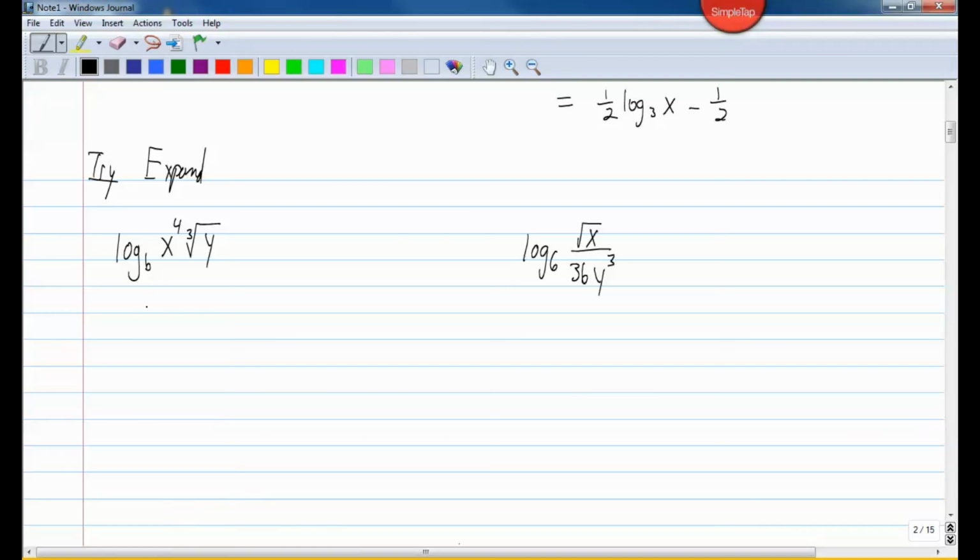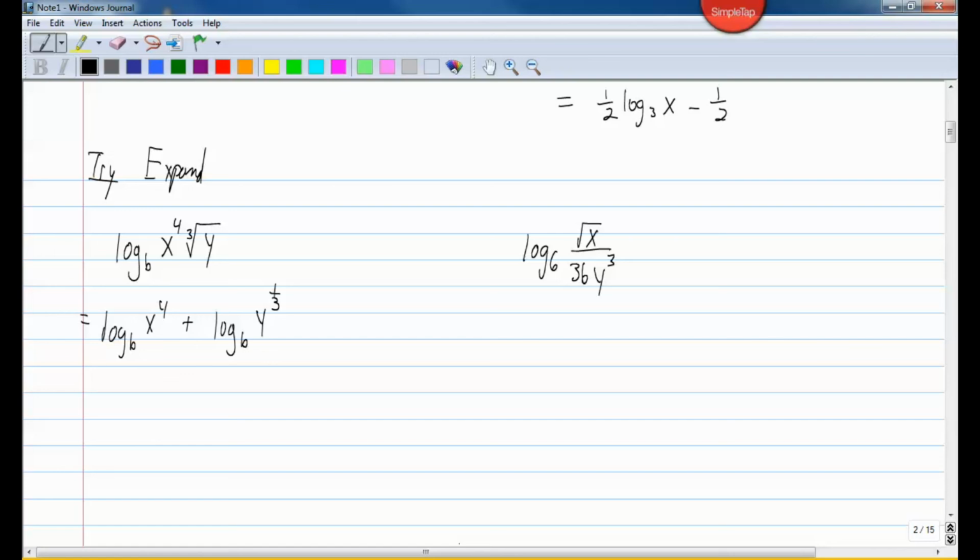So the first thing I would do, see if you can apply the quotient rule. You can't on this first problem. So I would try the product rule, which you can, because we have a product here. Now I do have the cube root of y, so that's the same thing as y to the 1/3.